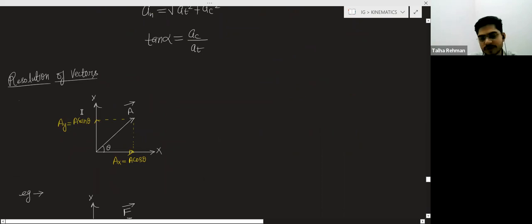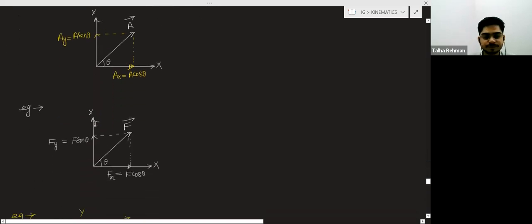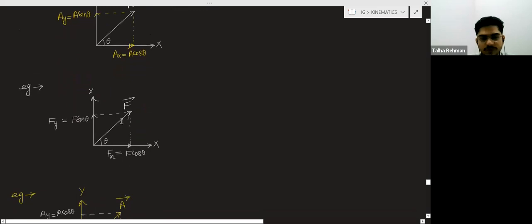What is the meaning of resolving a vector? The significance of resolving is that you are taking the effect of this vector on this axis or on this axis. Suppose this is a force you are applying here, and this force is making an angle theta with the x-axis.